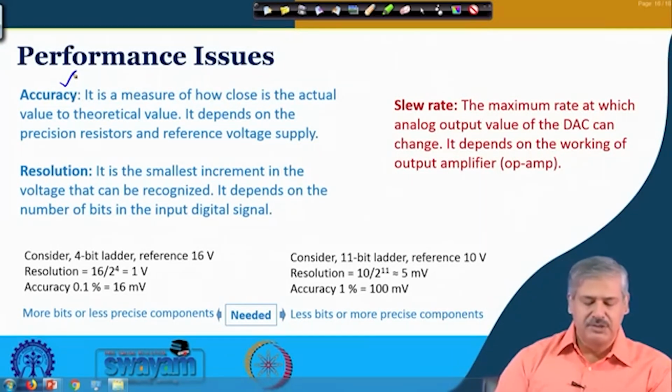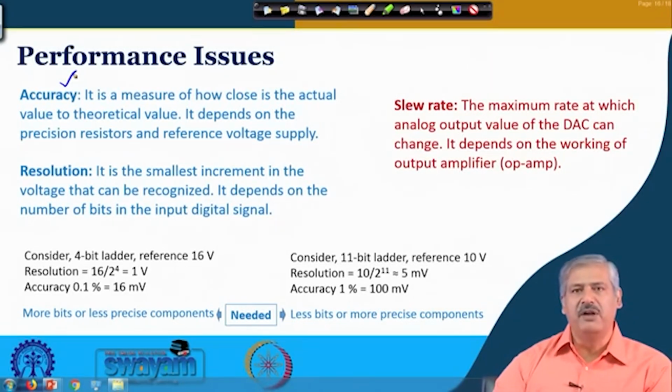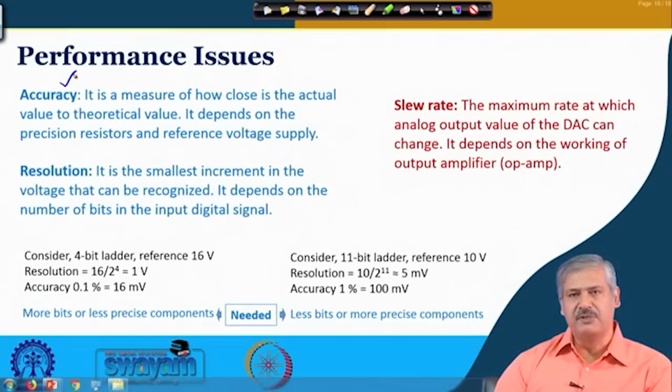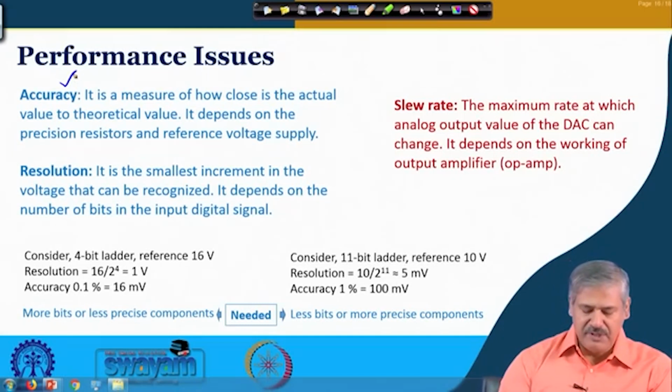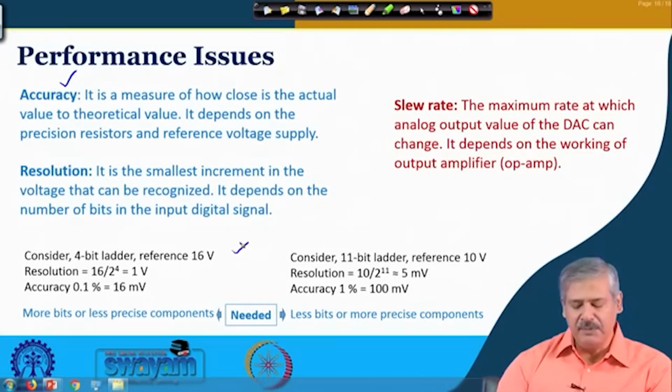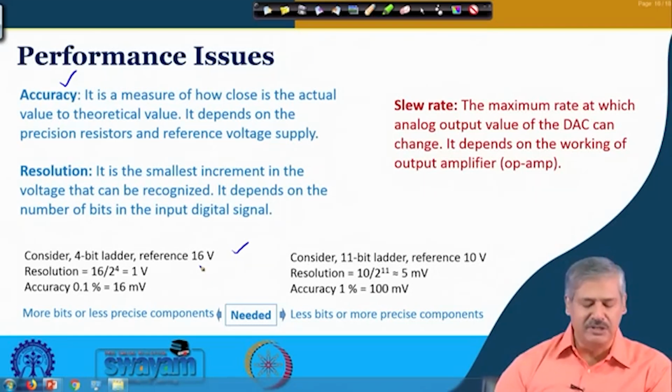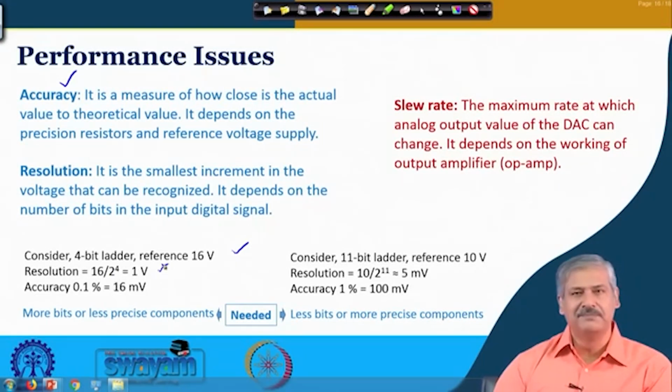Okay. So, these are the two important aspects, and though they look a bit independent, there is a certain relationship between them which we can see in these two examples. If it is a 4-bit ladder and a 16 volt reference voltage, just for quick calculation, it could be some other voltage also, and accordingly you can calculate it. So, resolution will be 16 by 2 to the power 4, that is 1 volt.